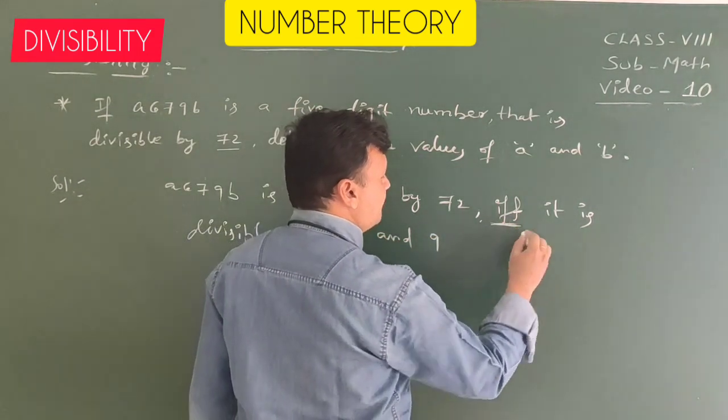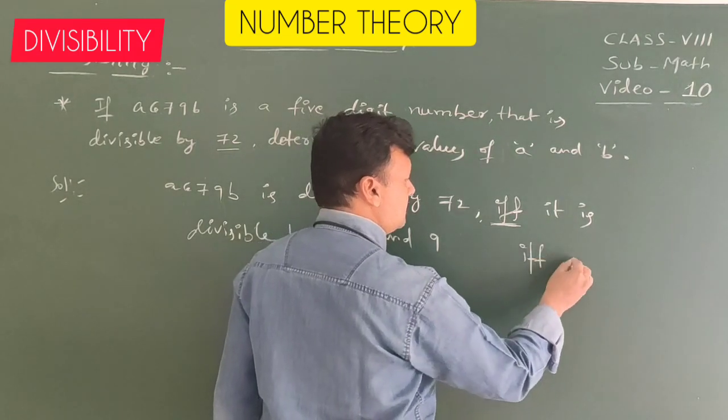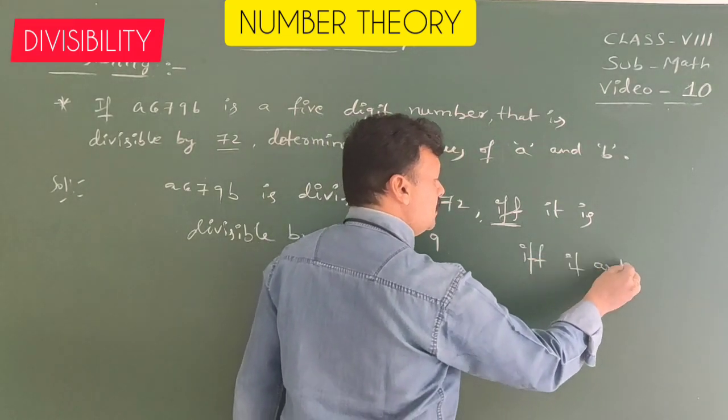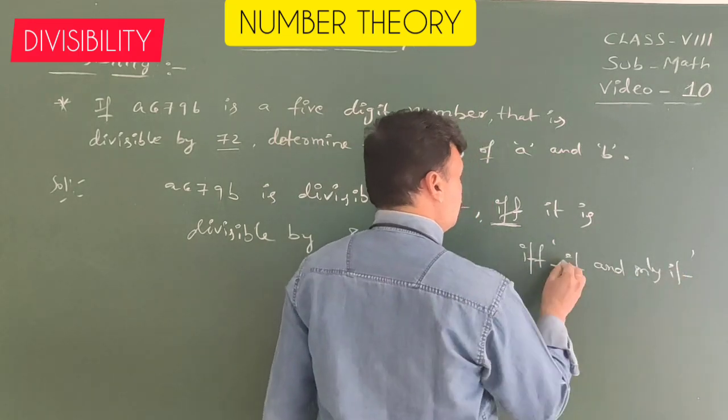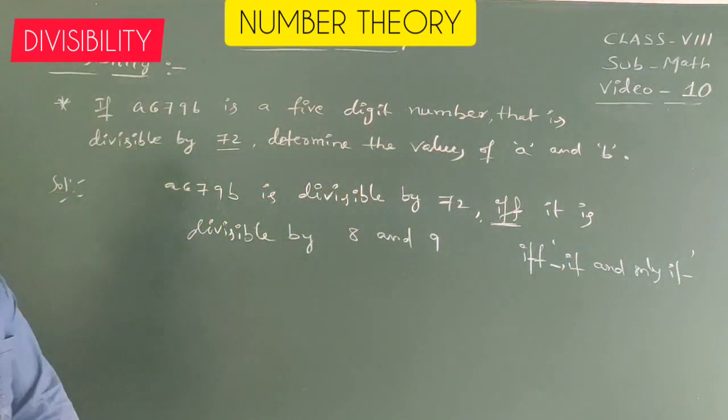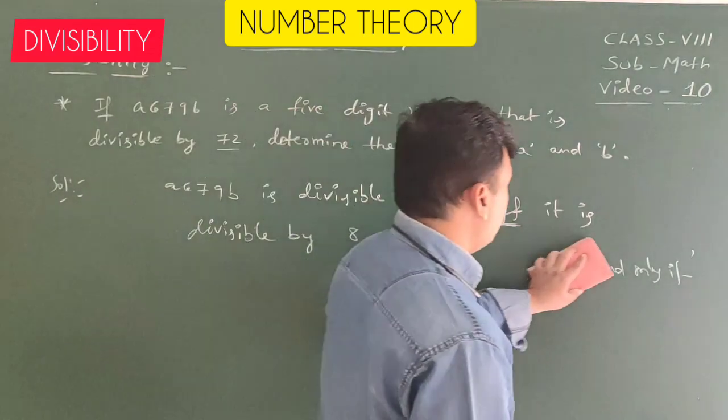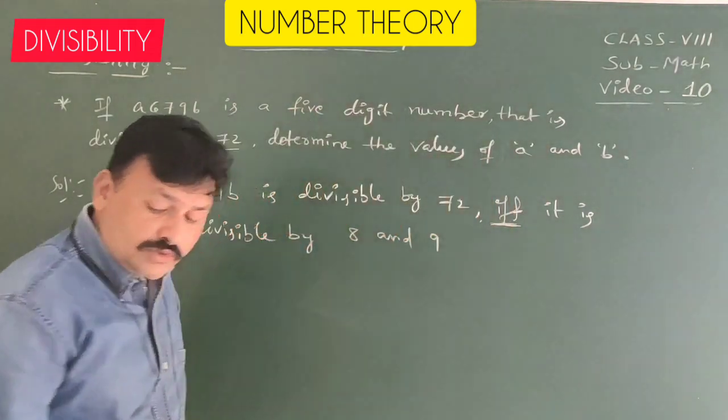IFF means if and only if. If and only if it is divisible by 8 and 9.